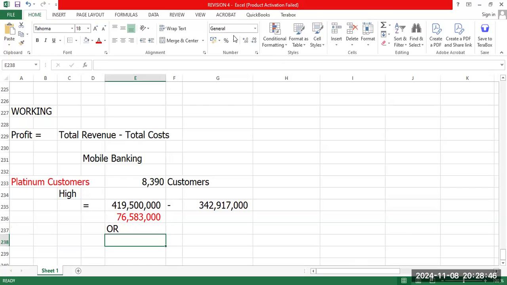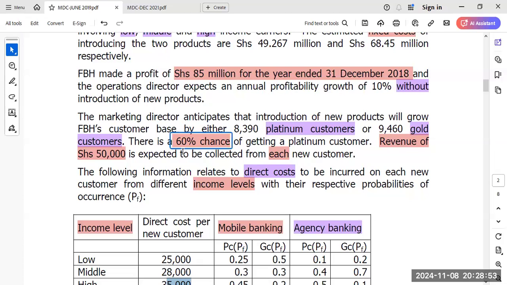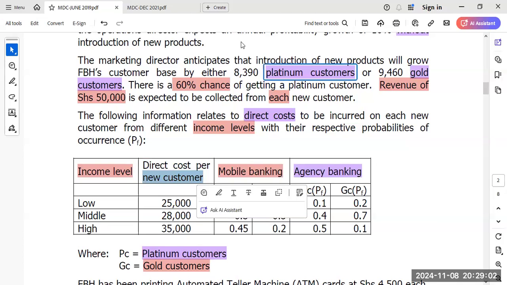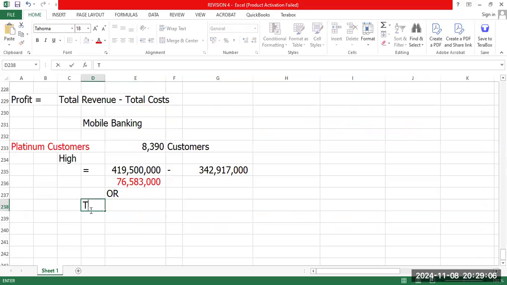Once you confirm that revenue is based on a customer, and you confirm that variable cost is also based on a customer, then you can directly get contribution, or total contribution, and simply subtract total fixed costs to get profit.